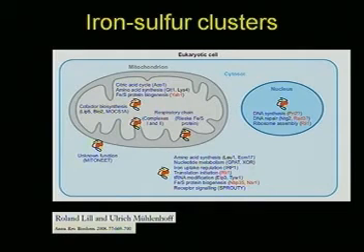These proteins that need iron-sulfur clusters to function are, however, not only mitochondrial proteins. In the mitochondria they include many of the proteins needed to make energy, to burn completely products coming from food, and components of the electron transport chain that will generate this energy-rich molecule ATP.